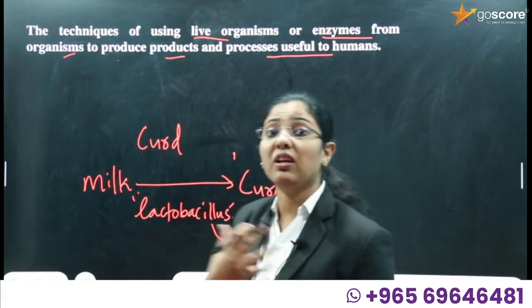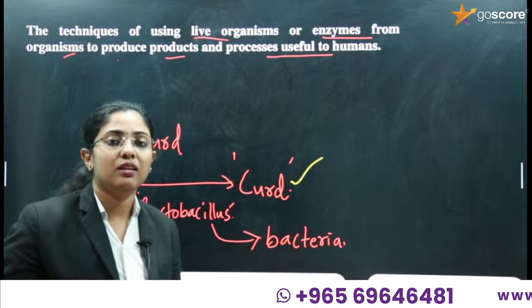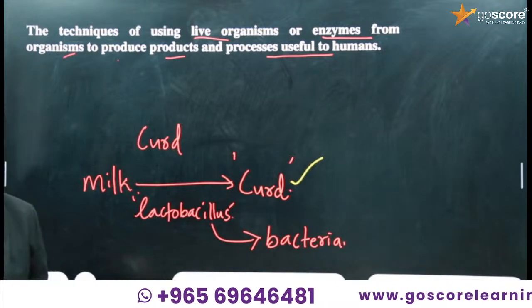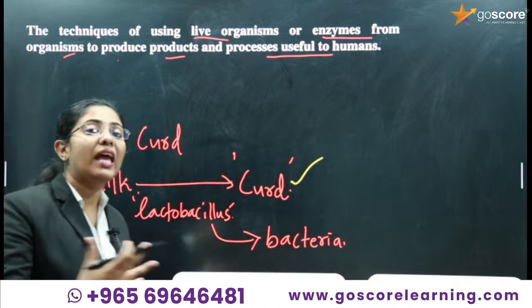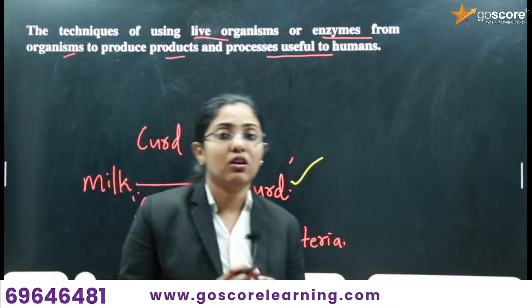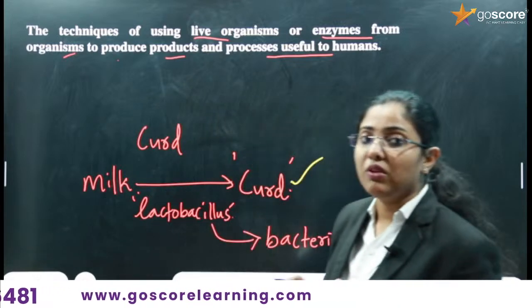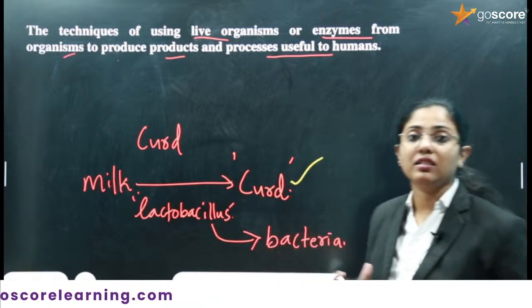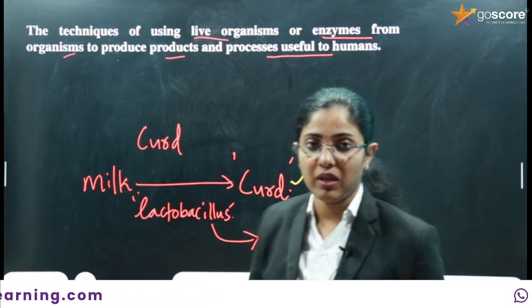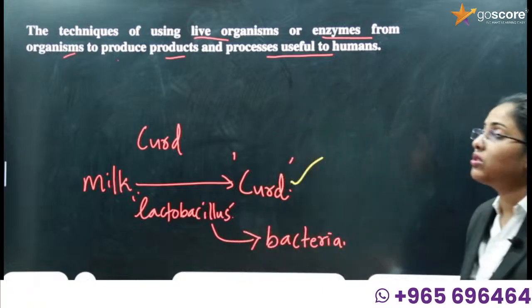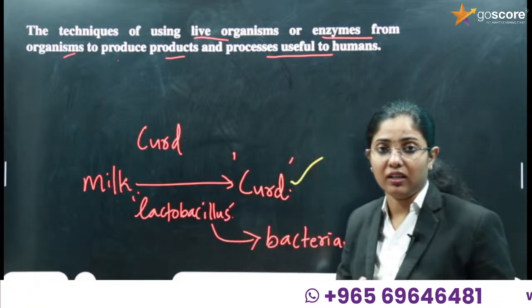This was a previous technology and it is still used these days. Along with this, a new modern technology has arisen. In this modern biotechnology, we use the same thing, that is the live organism. Sometimes a live organism is used, or the enzyme produced by the organism is taken.